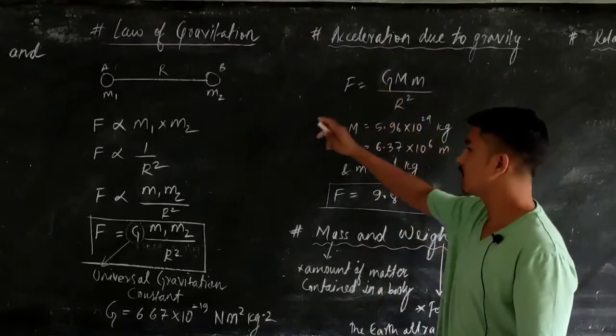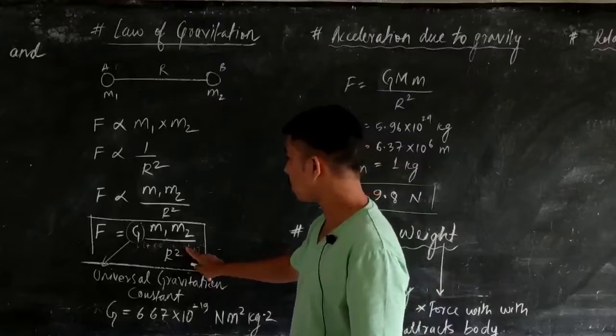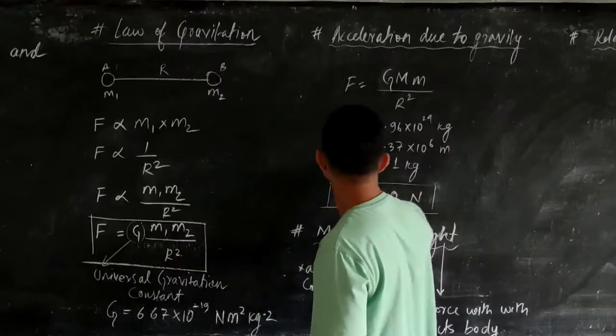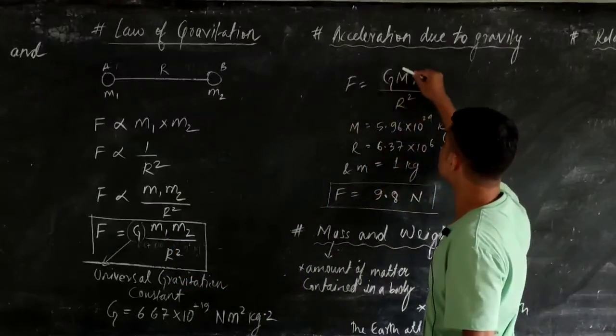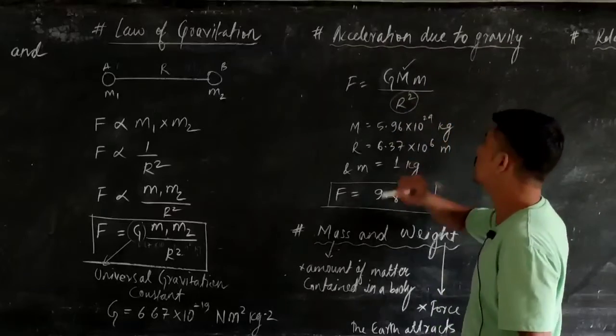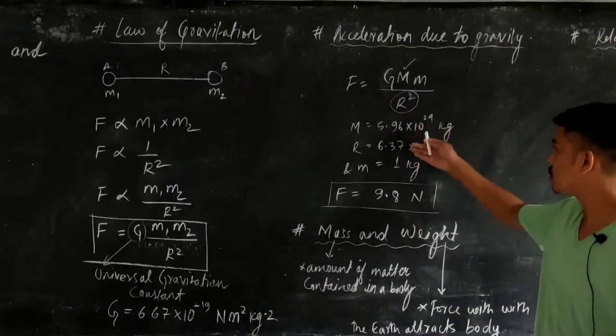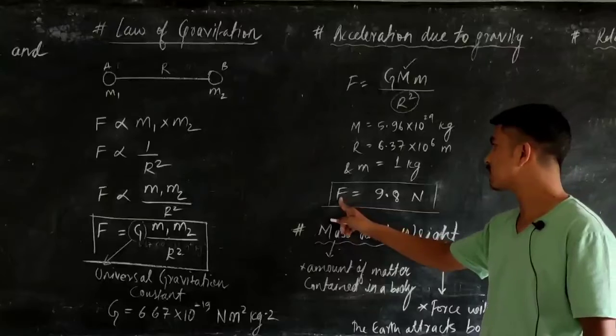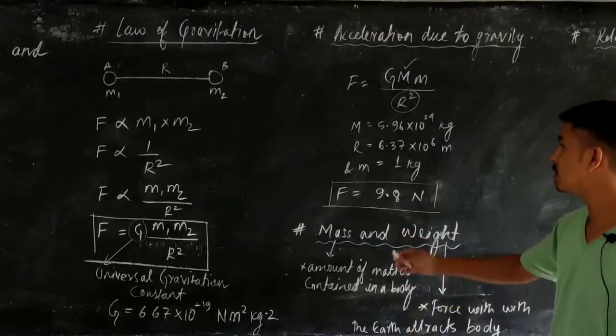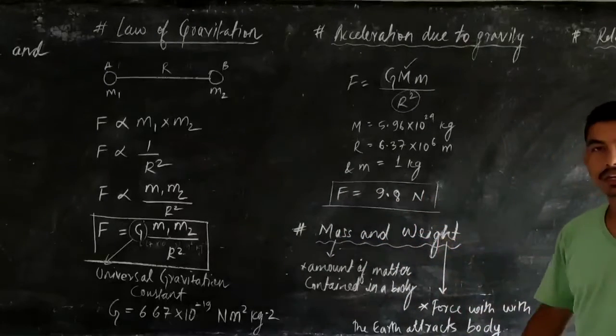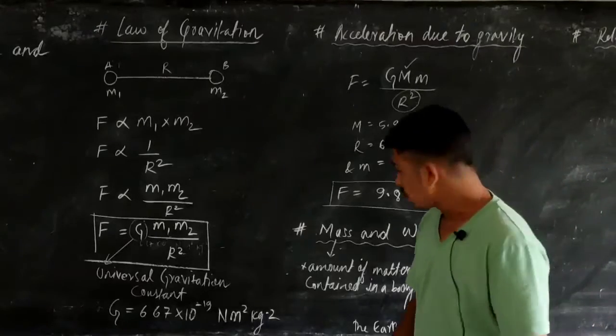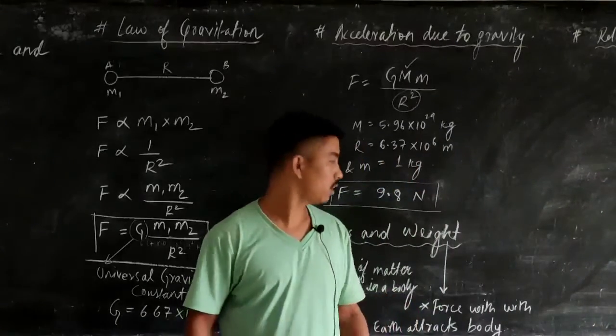So in this formula of force of attraction between the two masses, I replace one of the masses by the mass of the earth and r with the radius of the earth. Substituting the values, we get the acceleration due to gravity equal to 9.8 meters per second square.